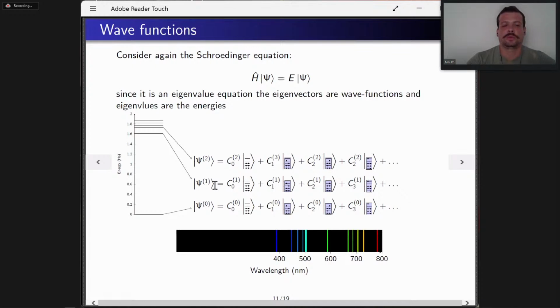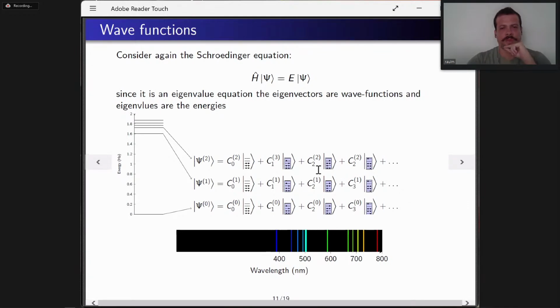The first excited wave function is over here, and the energy associated with this wave function will be the second energy, and so on and so forth. There is a method to obtain all these wave functions and all of these energies, and it's called full CI, but it's really expensive. So it can only be used for small molecules or small atoms.